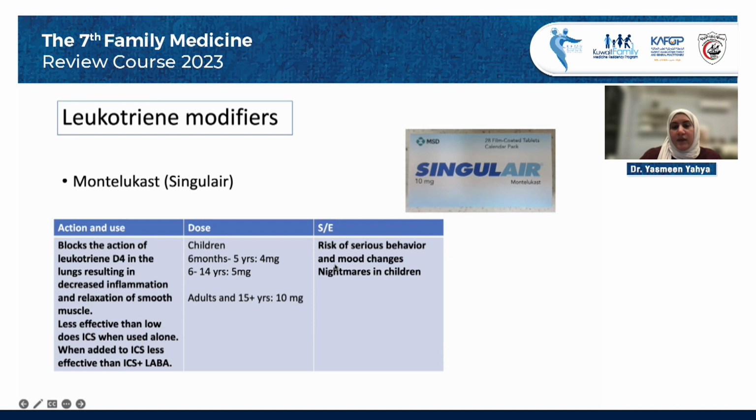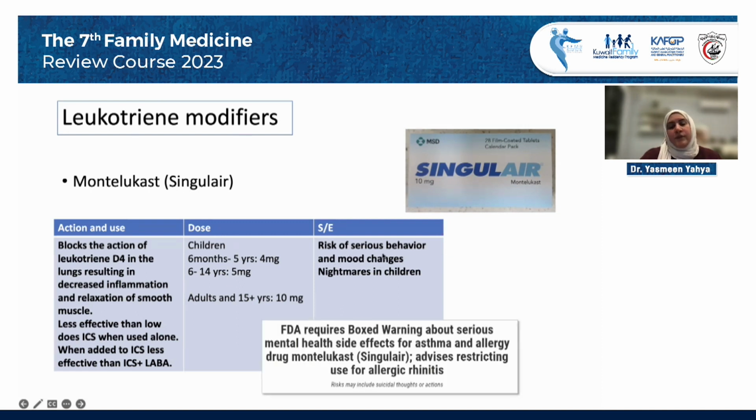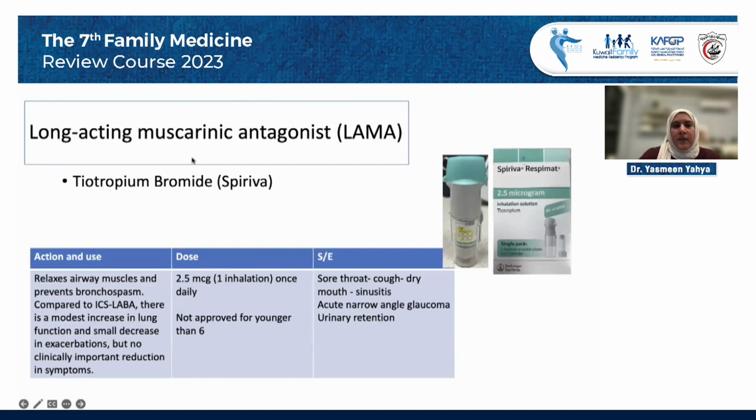The thing is that it can cause risk of serious behavior changes, and the FDA has a boxed warning about the serious mental health side effects for asthma and allergy, and they advised to restrict its use to allergic rhinitis or asthma with allergic rhinitis.